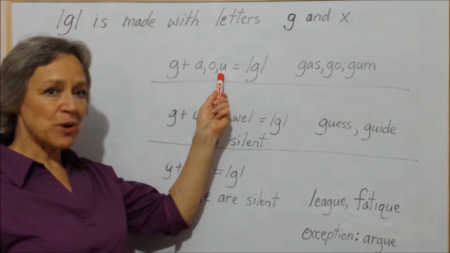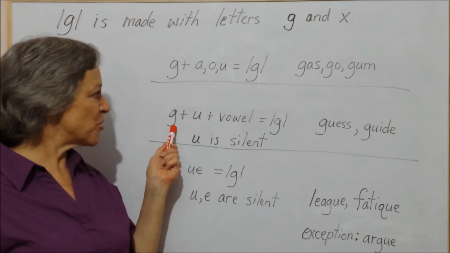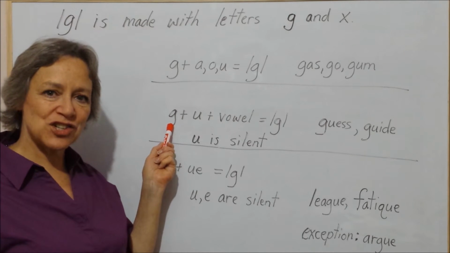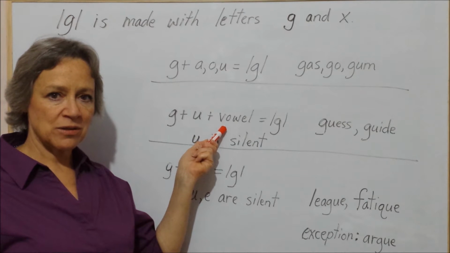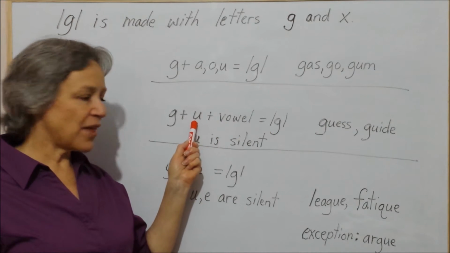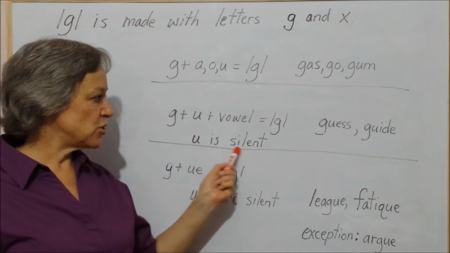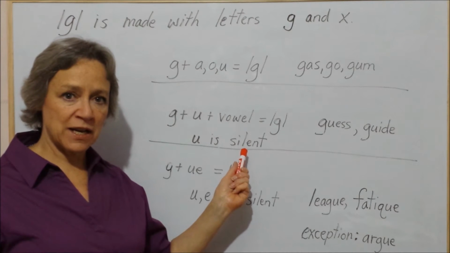Now I have a U up here, but this is a little bit more specific. The letter G plus U plus another vowel results in a G sound, and that letter U is usually silent. U is silent. This usually occurs at the beginning of a word.